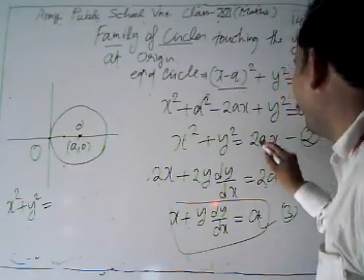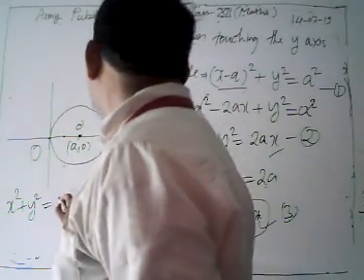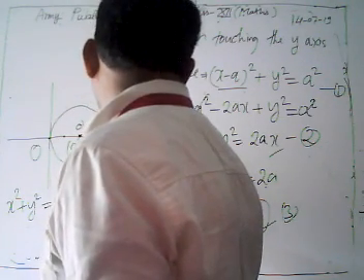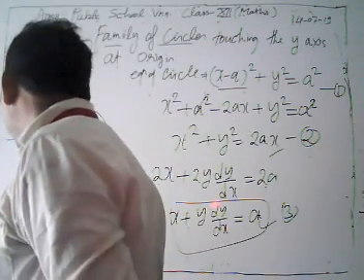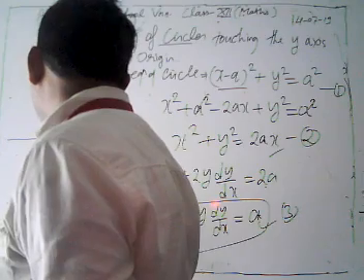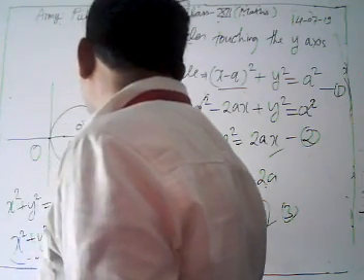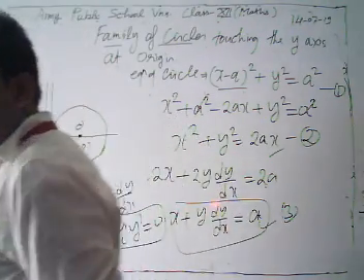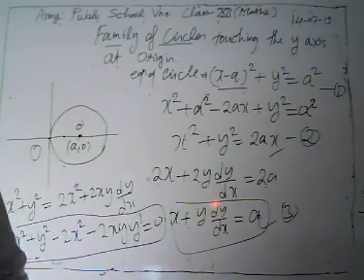We have to put the value of a here, so it's 2x times that. Then we get 2x square plus 2xy dy/dx. Now we can write x square plus y square minus 2x square minus 2xy y prime equal to 0. This is our differential equation for the given curve touching the y-axis.